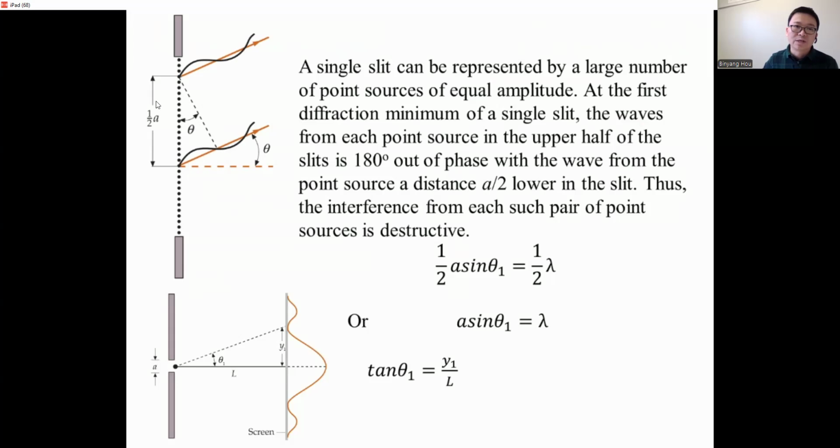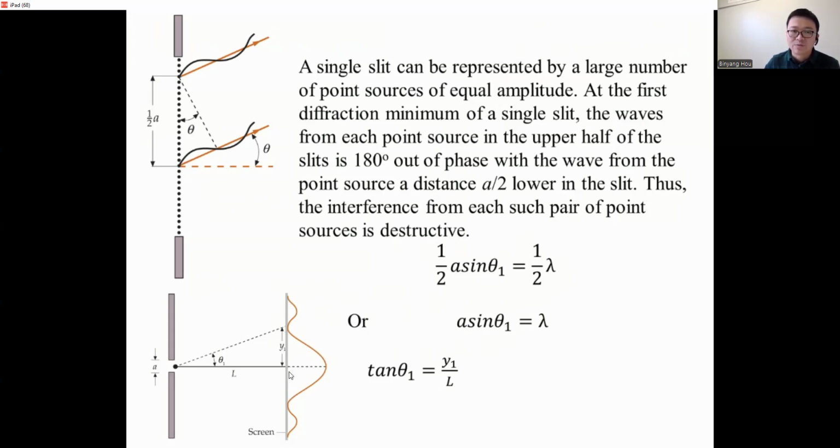That small portion is one half of a times sine theta, and that should equal, for the first minimum, one half of lambda, and then the second minimum will be 3/2 of lambda, okay? So the one half and one half actually cancel. So a sine theta 1 equals lambda.